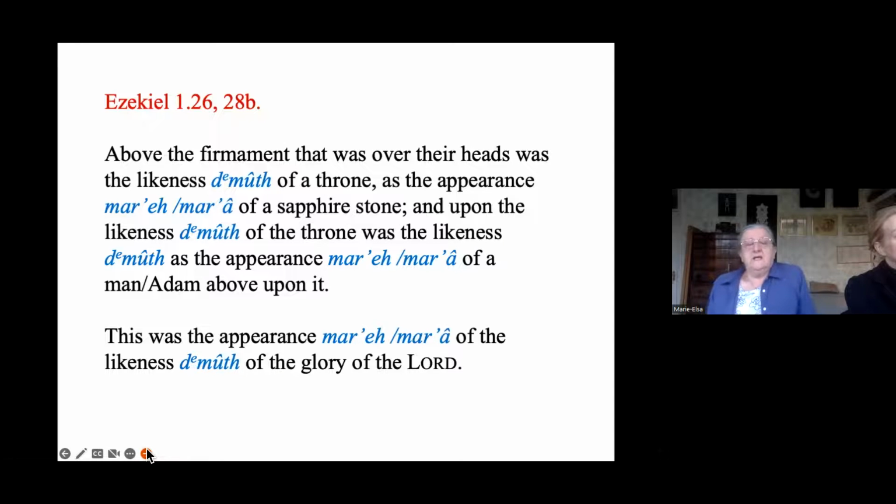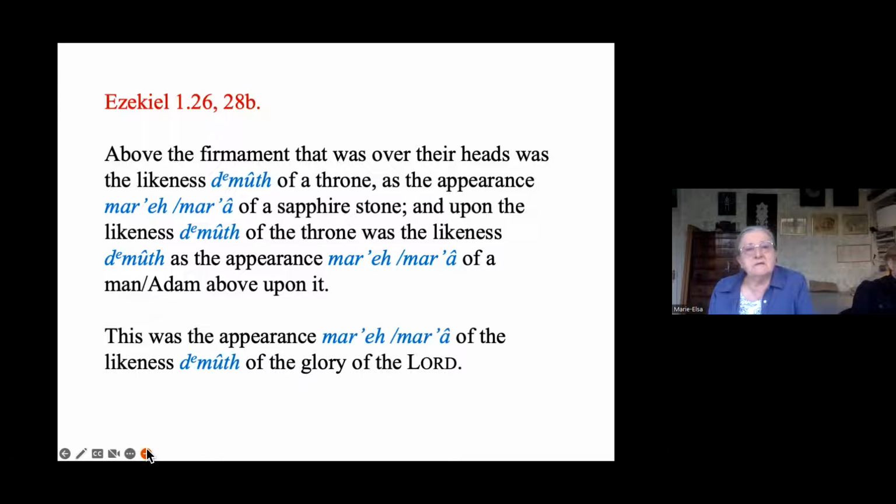So Ezekiel is describing the great throne, which they believed in the Holy of Holies, and he is describing the heavenly reality that that represented, and it is leaving. This is the glory of the Lord leaving the temple. And he's describing the living creature. So the firmament that was over their heads was the likeness of a throne, the appearance of a sapphire stone.